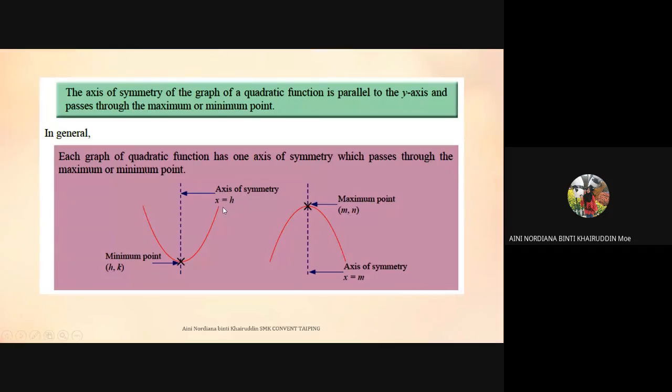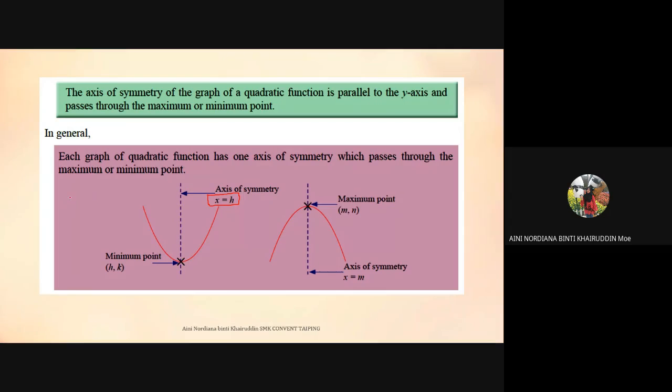This is the equation for axis of symmetry.